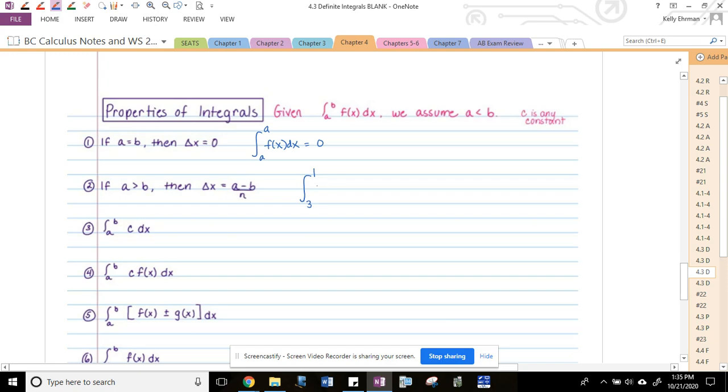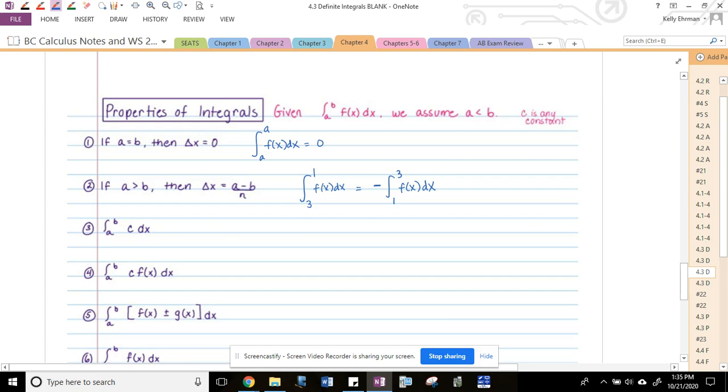Make it something non-zero. Of f of x dx. That's backwards. We don't like that. What we want to do to be able to switch these so that they're correct is to say negative integral from 1 to 3 of f of x dx.